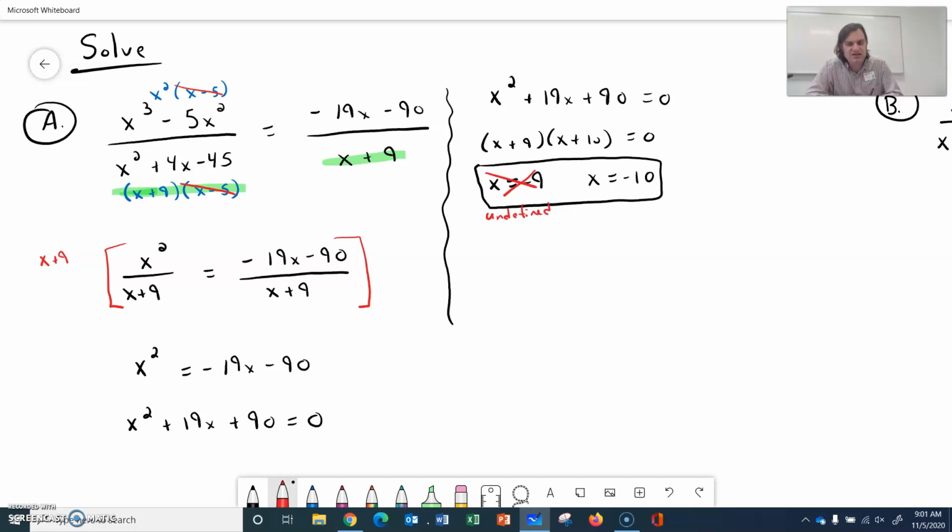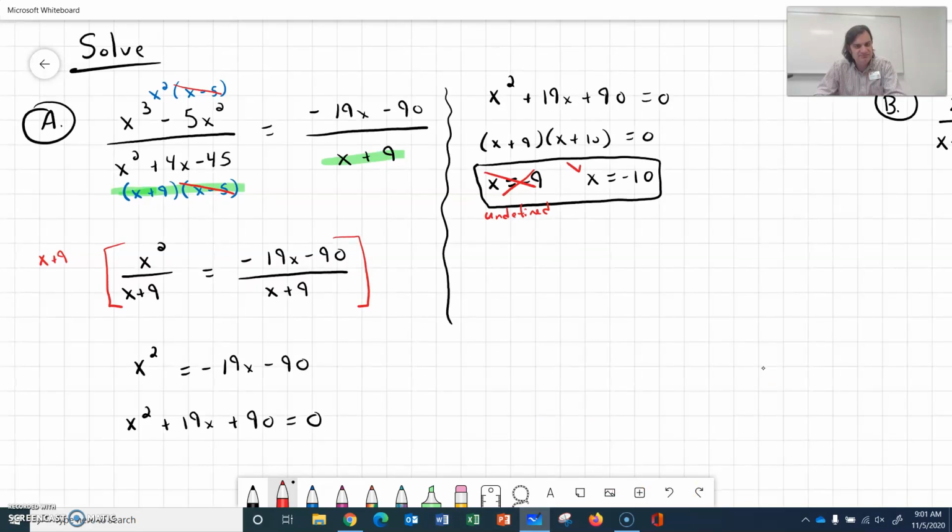So you have to throw it out. But the x equals negative 10, if you plug it in there, does not cause a domain problem, so it should work. Okay? If you want to actually plug it in and balance both sides out, that's fine. But the x equals negative 9 definitely causes you to divide by 0, so you can't use it.